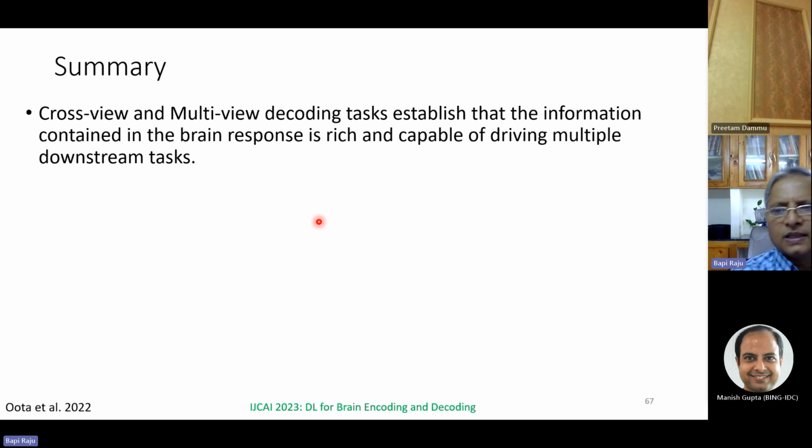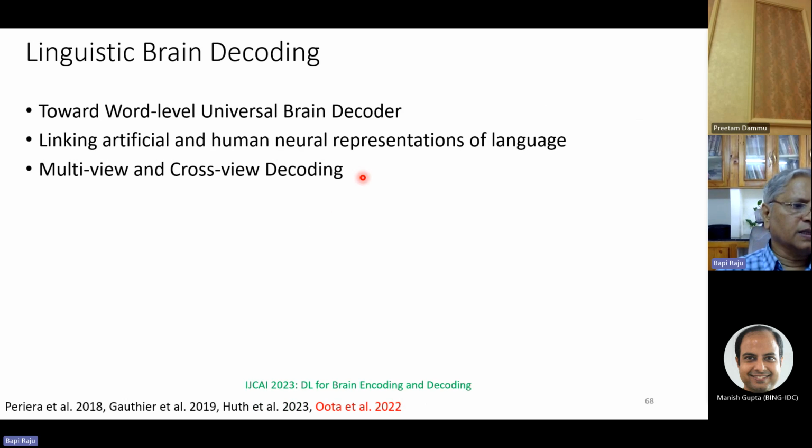To summarize what I have discussed in this session, the last hour, I presented you with three different themes. One is the universal brain decoder, which has set off a series of investigations by various investigators and put language decoding back on the radar. And we looked at how artificial and human neural representations can be utilized.